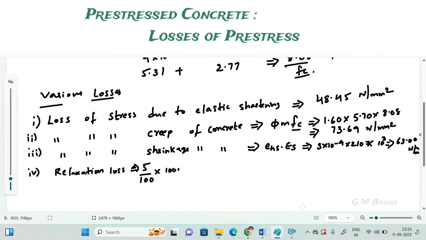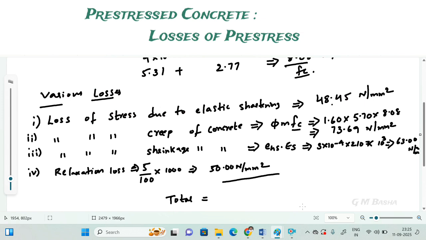Relaxation loss will be given. That is 5% of the initial stress. Okay, that is 1000. So if you take, you will get around the loss will be 50 Newton per mm square.